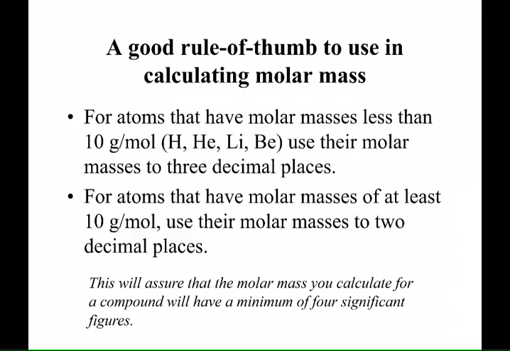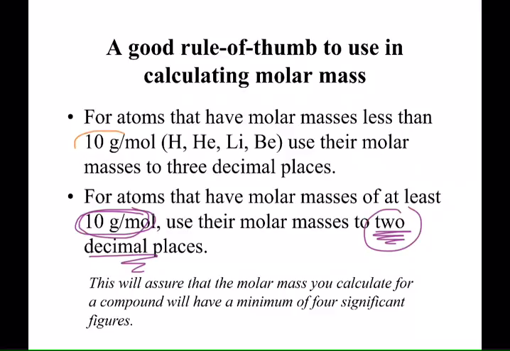And the way it works is, if in your problem you come up with a molar mass of something that is more than 10 grams per mole, you're probably going to have something that has 2 decimal places in the decimal number from the periodic table. And in that case, you need to only allow 2 decimal places in your answer.